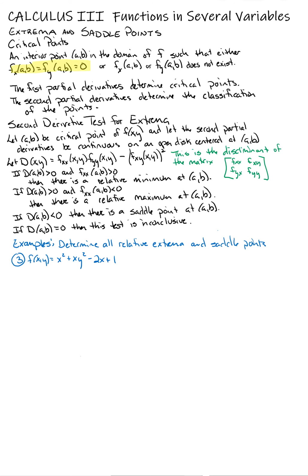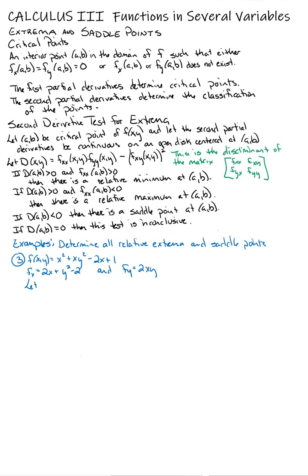Critical points are when the first partial derivatives are either equal to 0 or they do not exist. So let's figure out what those first partials are. The first partial with respect to x is 2x plus y squared minus 2, and the first partial with respect to y is 2xy.